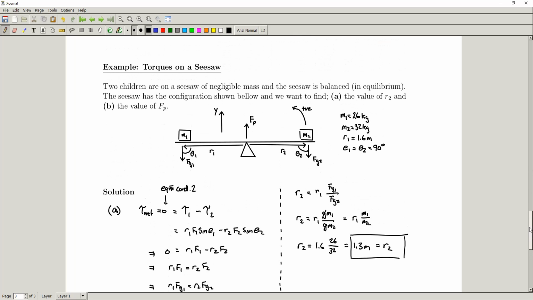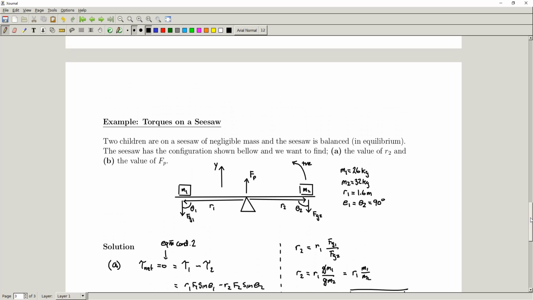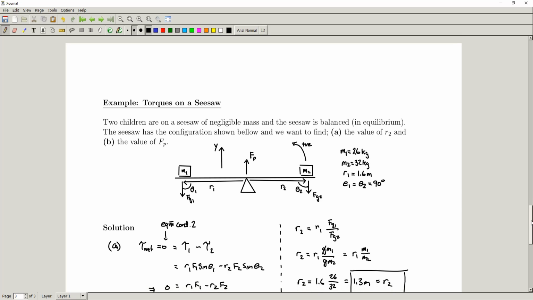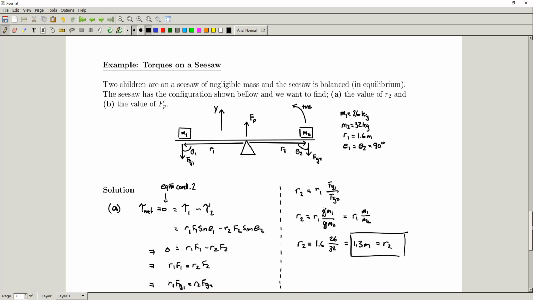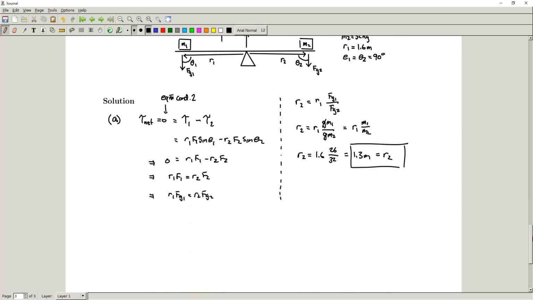In part B, we want to solve for FP. Right, and this is kind of simple, right? We've done this a number of times. This is just going to be an application of Newton's second law, right? And so we know that we're in equilibrium. So our first equilibrium condition tells us that F net needs to be equal to 0.